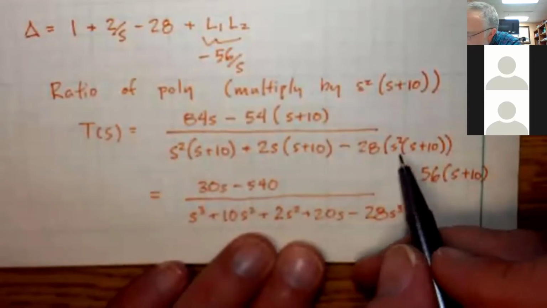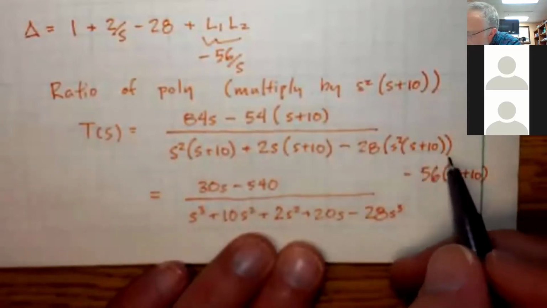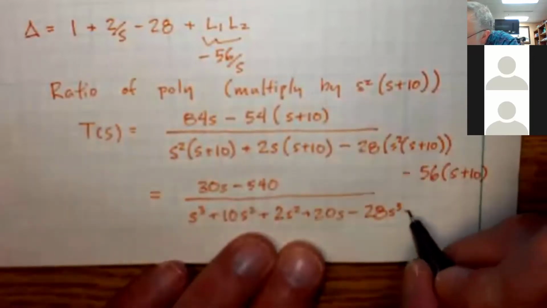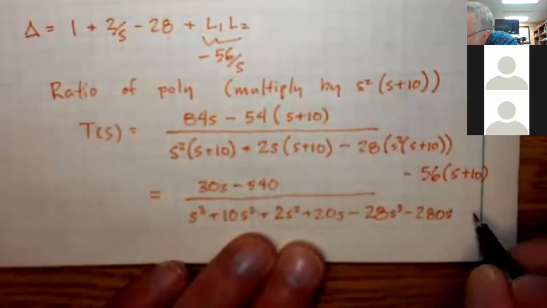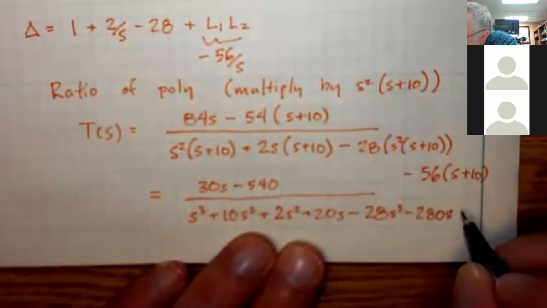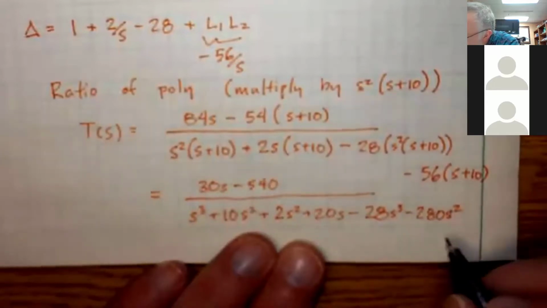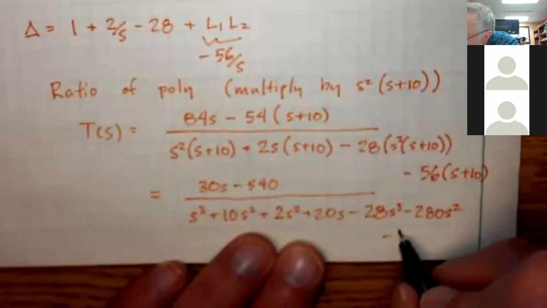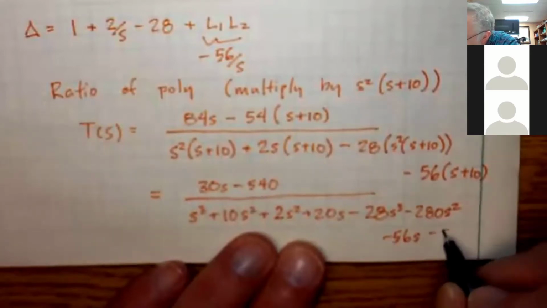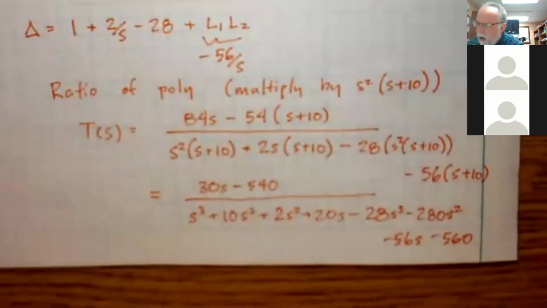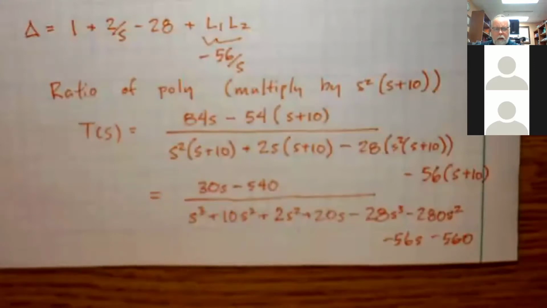Because that's S cubed plus 10S squared, minus 280S squared, minus 56S minus 560. Did I do that right? Yeah, it's still ugly looking though.